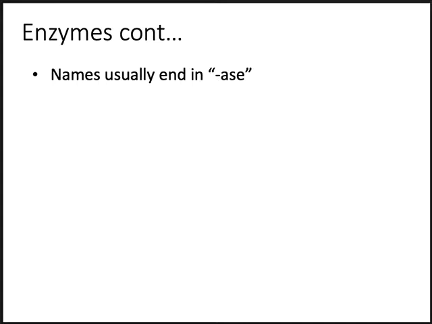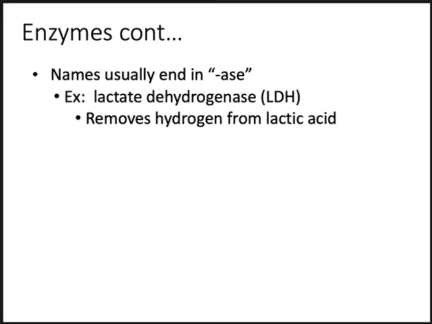Enzymes in biology tend to have the last part of the word be ACE, A-S-E. So for example, lactate dehydrogenase, abbreviated LDH, but when you see the whole word, it ends with ACE, and so it tells you, oh, lactate dehydrogenase is an enzyme. This enzyme must be working on lactate, and dehydrogenase means it must be removing hydro, for hydrogen.